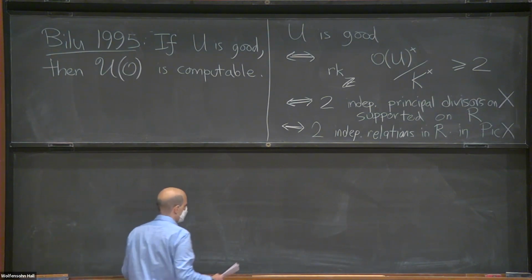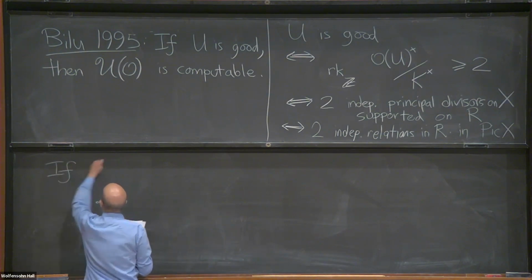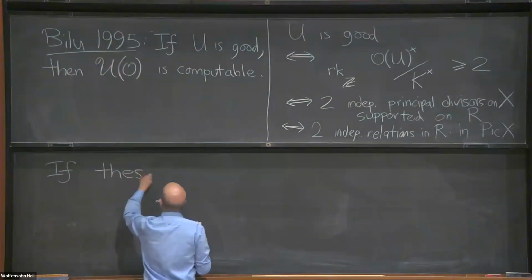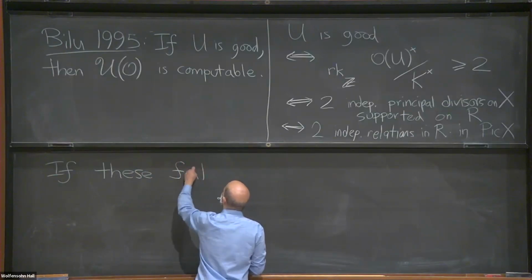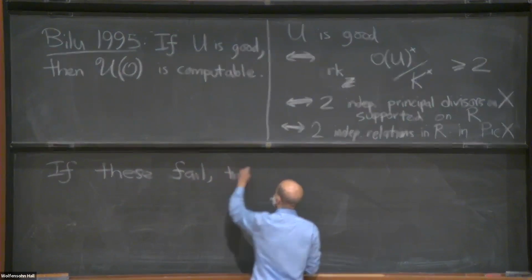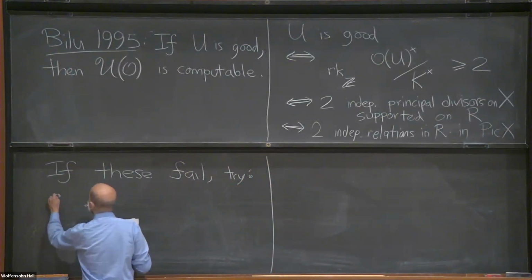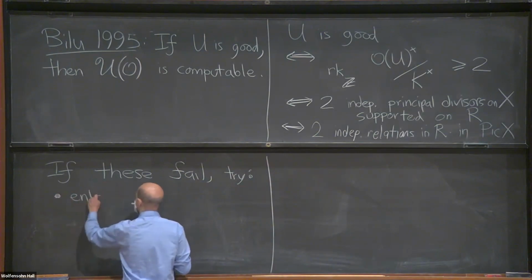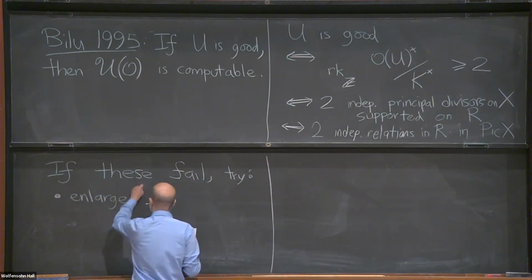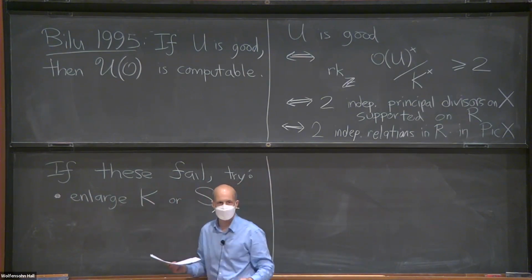If these conditions fail, then as Bilu noted, you can try various things. This one by itself won't usually help much, but you can enlarge the number field, or you can enlarge S, which is not just making things harder.